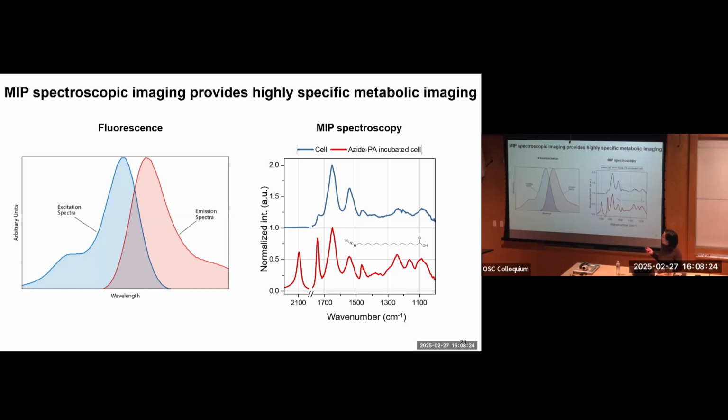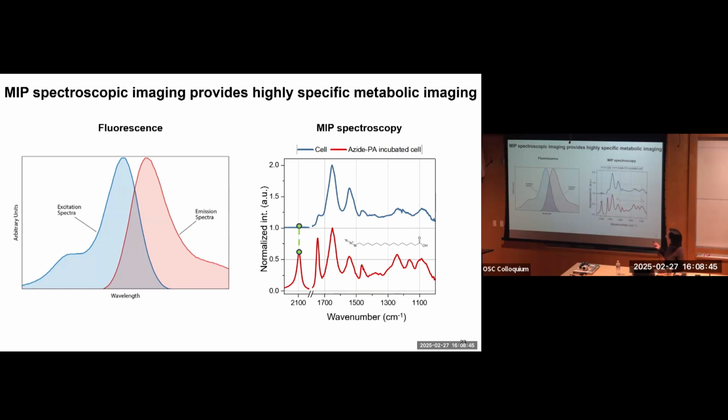In fluorescence imaging, specificity is achieved because the dye will emit fluorescence at new wavelengths. So when we detect at that wavelength, we know that the signal comes from the product we targeted. For MIP spectroscopy, we also introduce a label.